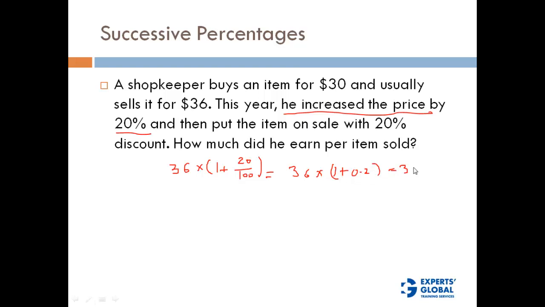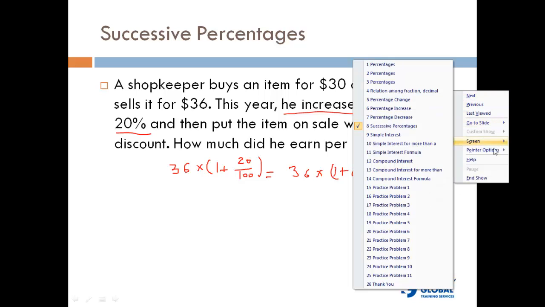So it becomes 36 into 1.2. So you'll always see that any 20% increase, you will have to multiply that particular number by 1.2. Any, let's say 20% decrease means 36 into 0.8, right? You see the connection? So that is a shortcut to this formula.